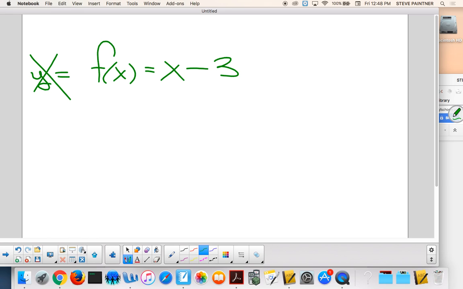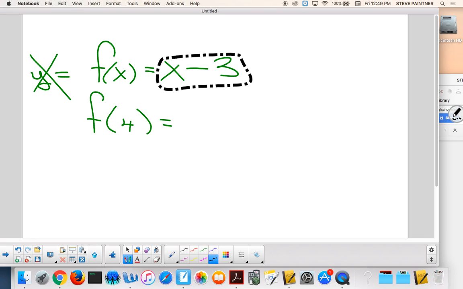Your first problem is f of 4. Now, what that means is take your function f. And by the way, where's your function? It's x minus 3. It's right here. This is the function. Now, you're supposed to take that and evaluate it when x is 4. Answer 1.